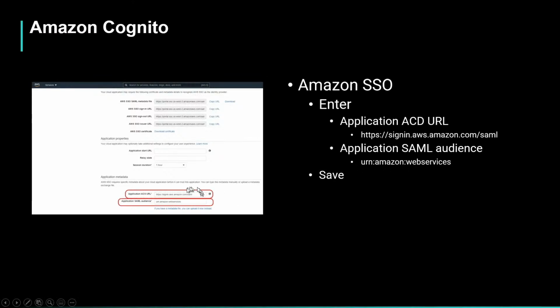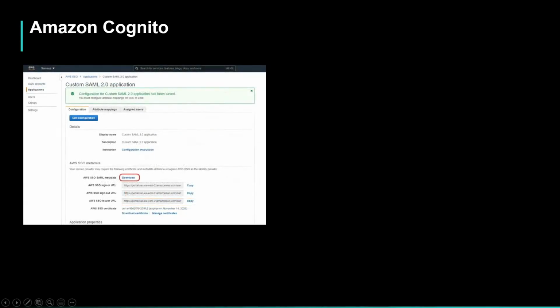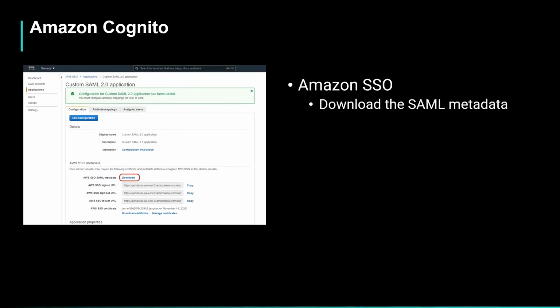There are 2 values it requests: the application ACS URL, and we'll just put in the sign-on slash SAML. And then for the SAML audience, we'll just put in Amazon Web Services and then save that application in Amazon SSO. Then what we want to do is download the metadata.